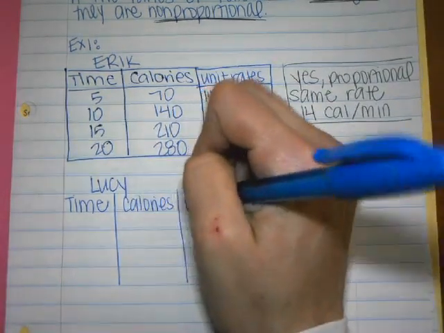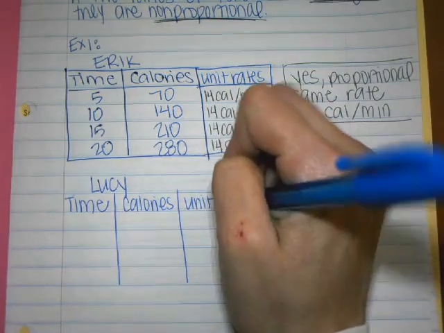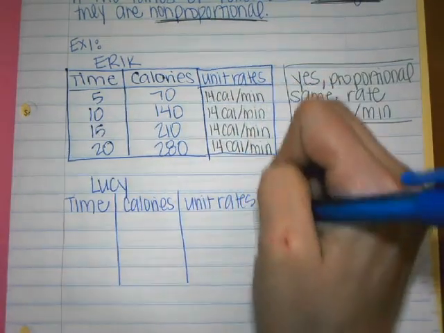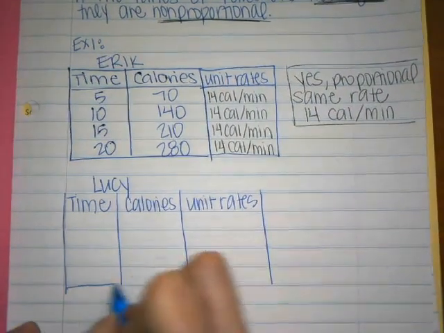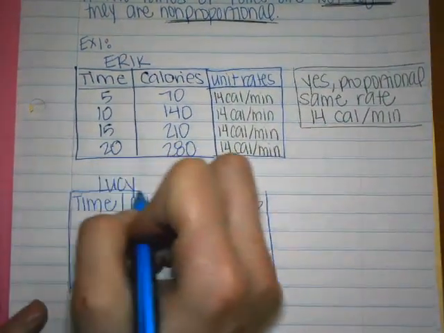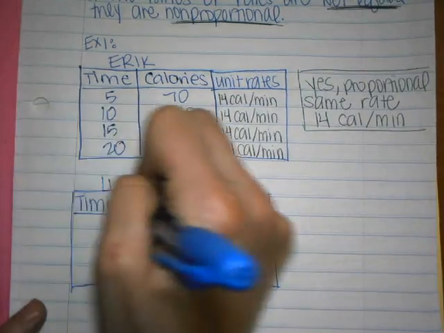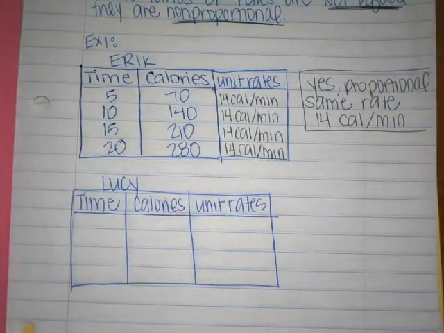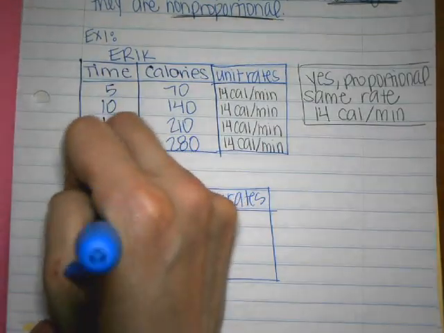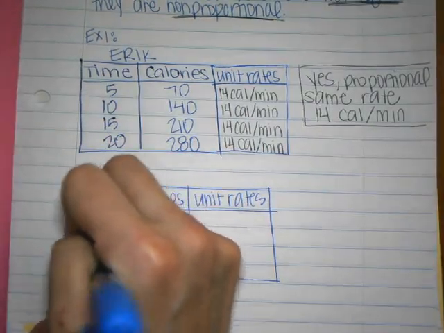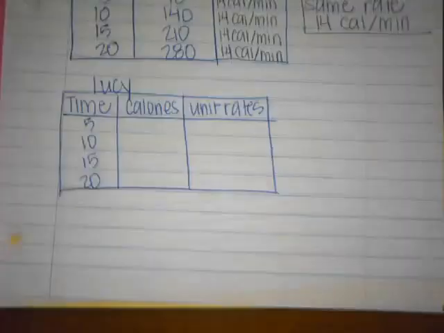And then once again, we got to find our unit rates. And same thing, guys. Lucy checks her time, her calories after every 5 minutes, just like Eric did.